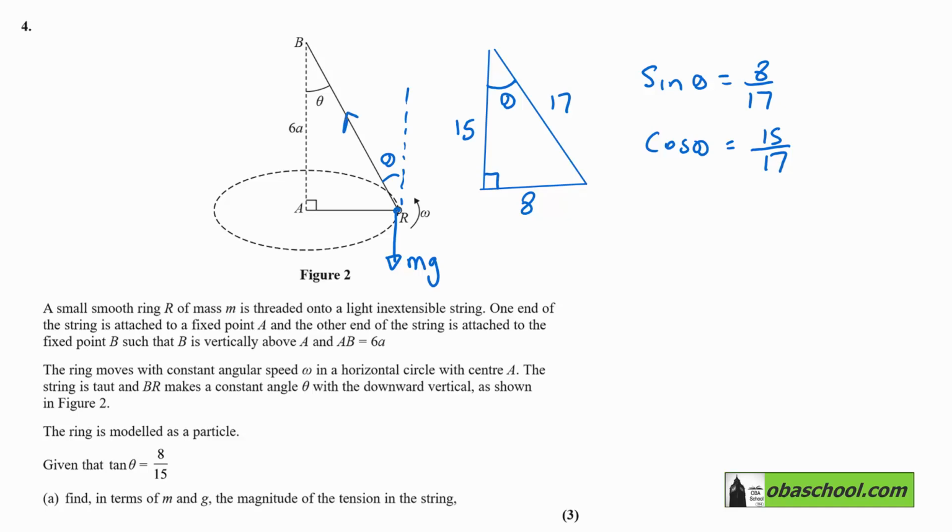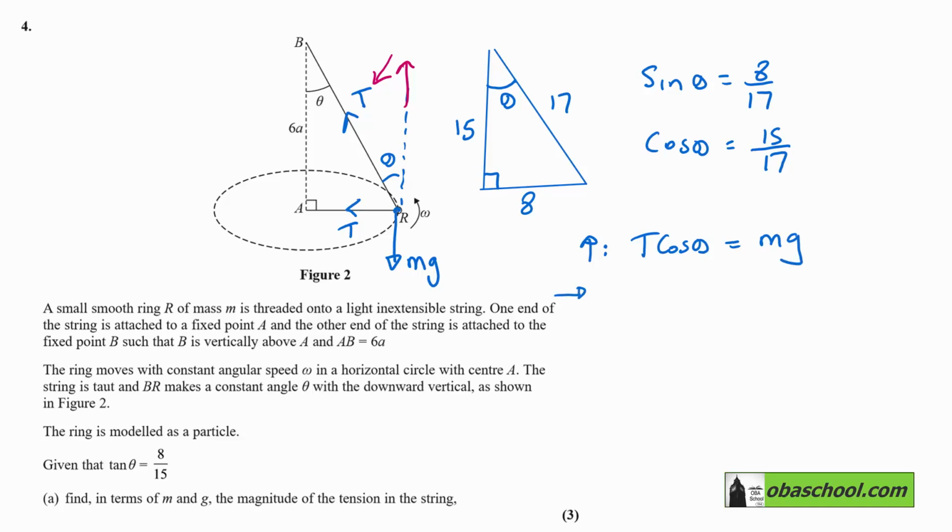The tension in the string will be the same throughout because we're dealing with a ring, so we have tension there and there, which I'll just call T. Now, if we look at the vertical, we will get that T cos theta, which is the component of this tension in this direction, would be equal to mg.